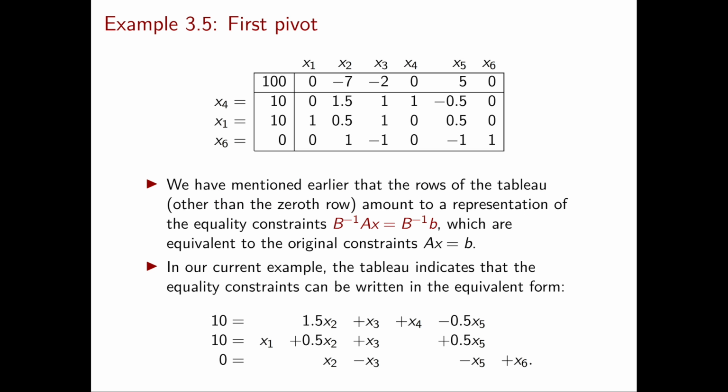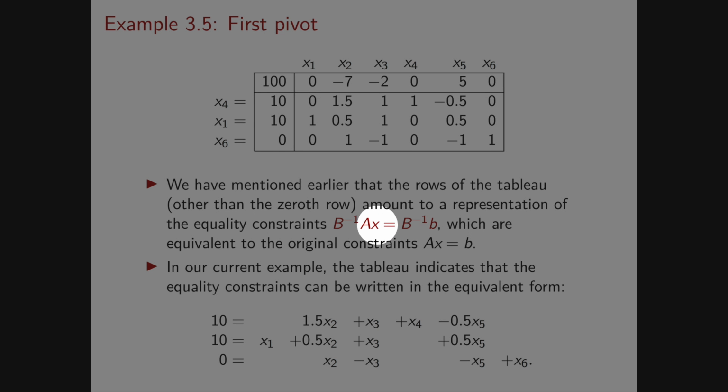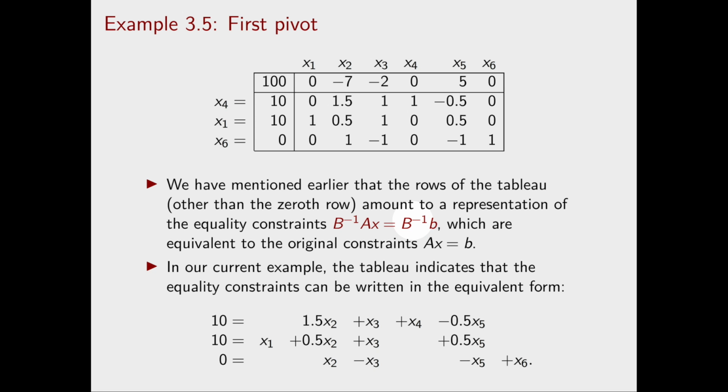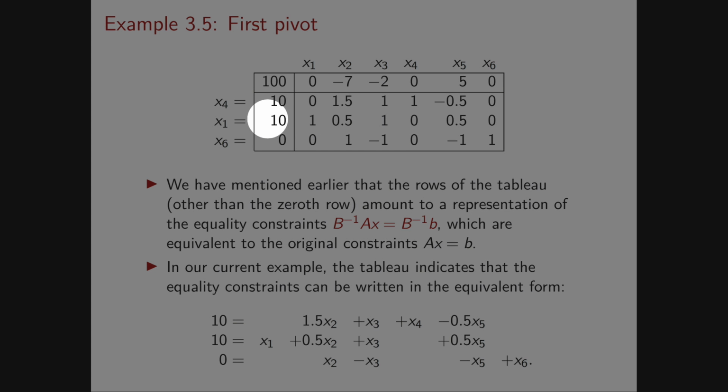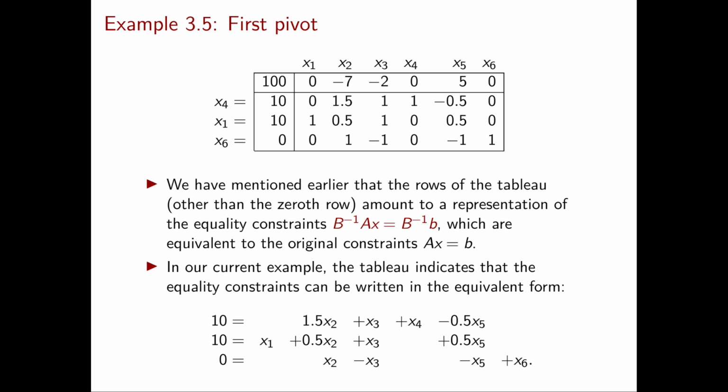From this picture, you can also see that this solution is degenerate because there are 4 active constraints in this vector. Before proceeding with the next pivot, I want to remind you that the tableau is a representation of the equality constraints obtained from the original system by multiplying on the left by B inverse. Now we can use our current tableau to obtain this system of equalities that is equivalent to Ax = b.